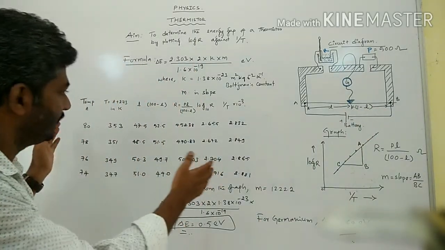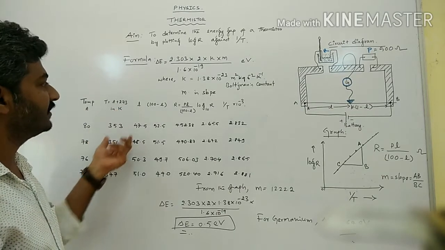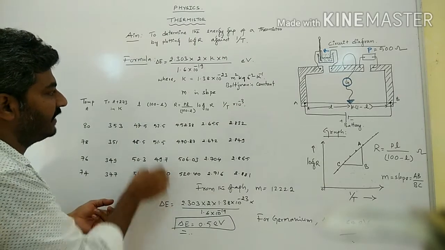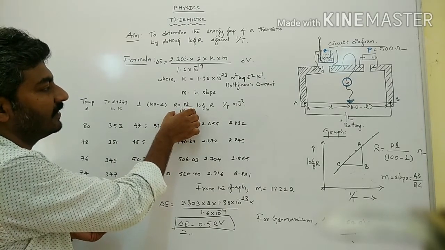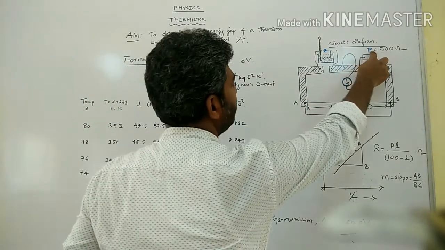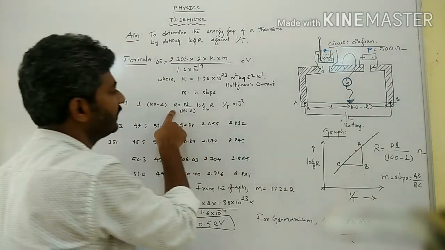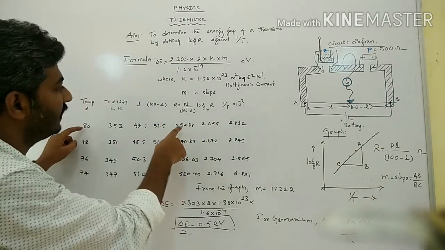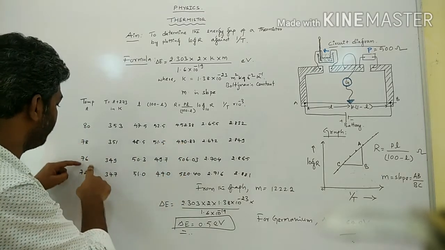Here we have a tabular column: temperature, temperature in Kelvin, balancing length L, 100 minus L, these in centimeters, and the value of R. If I know the value of P, L, and 100 minus L, I can calculate the resistance R. So I have a different resistance value for different temperatures.